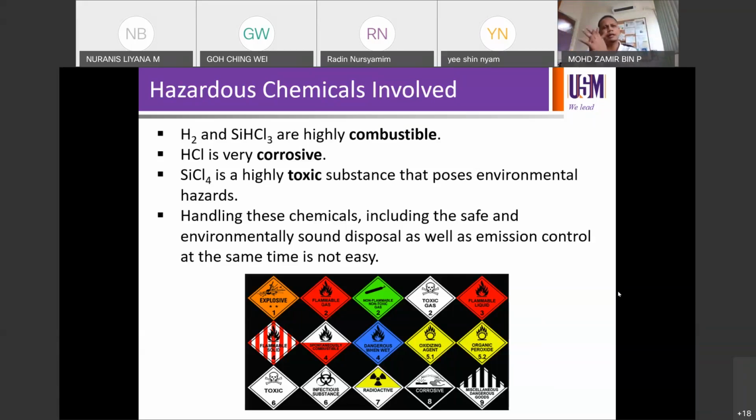Asphyxiation. At UNSW, where I did my PhD, one weekend a staff member, I'm not sure whether staff or student, was working alone in the lab. There was no friend, no other people in the lab. He or she, I couldn't remember, was not aware that the oxygen depletion sensor was not working.